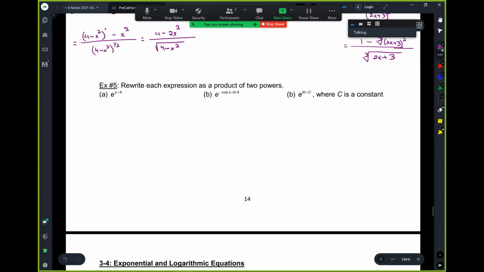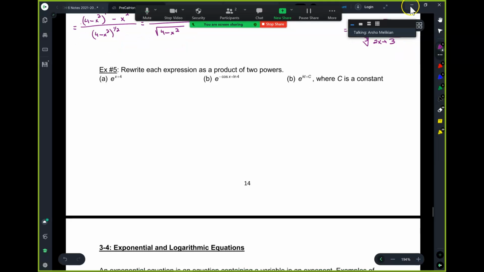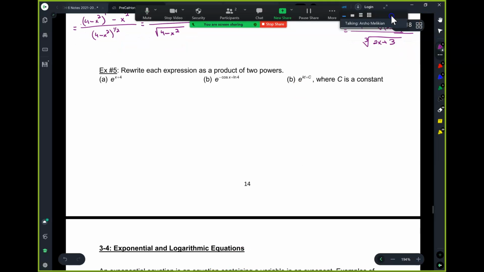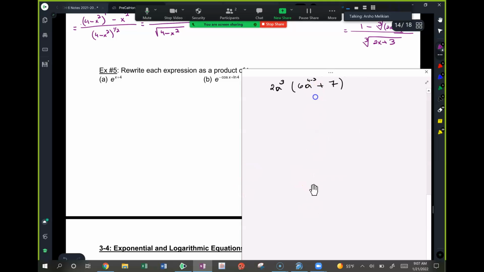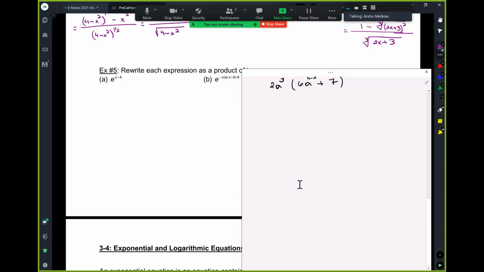Okay. So, since we're doing all sorts of Twilight Zone-y stuff today, why not do one more? All right. If you had, let's say, a to the x times a to the 2, how would you simplify that?